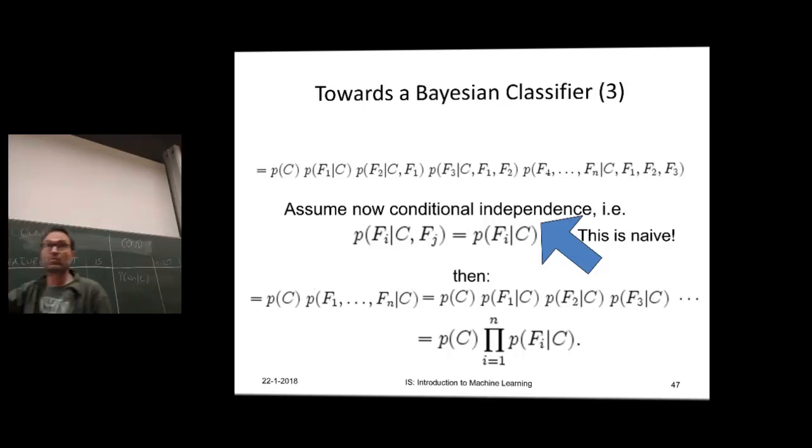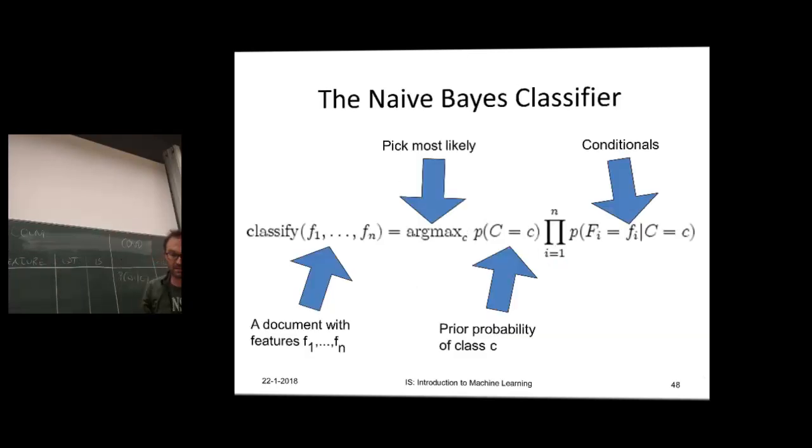So you forget about all the other words in your probability estimate, and then you can just multiply all the conditional probabilities together. So instead of writing this complex formula with the product rule, I just have to multiply all the probabilities. And that gives us the naive classifier.